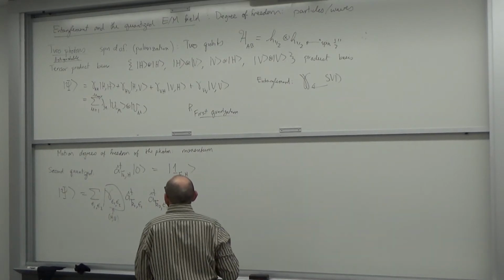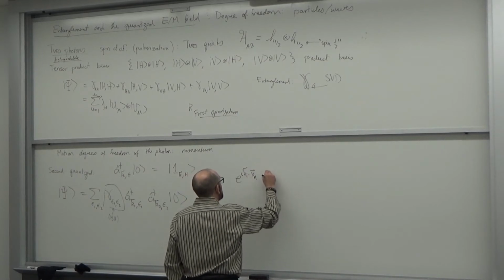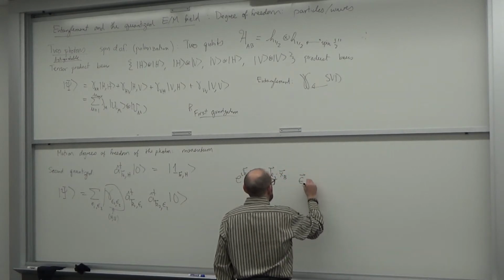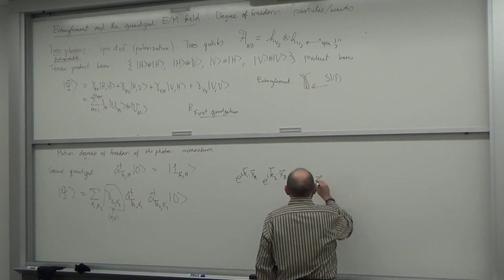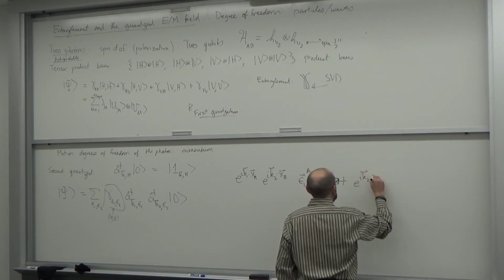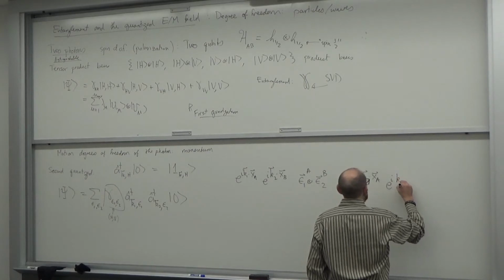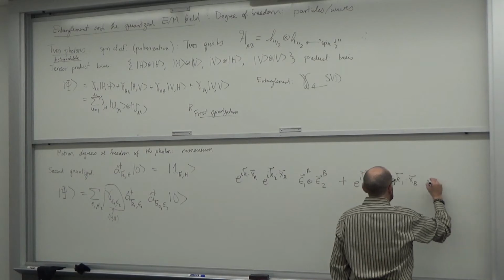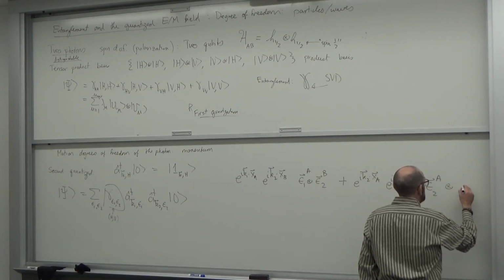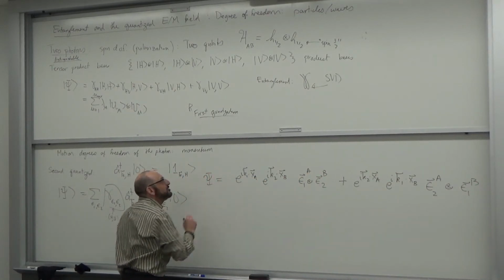Now if I wanted to write the full wave function for the photon, what I would say is, okay, one of the photons is in this plane wave, the other photon is in that plane wave, for photon A and photon B. This is my two-photon spinor wave function.